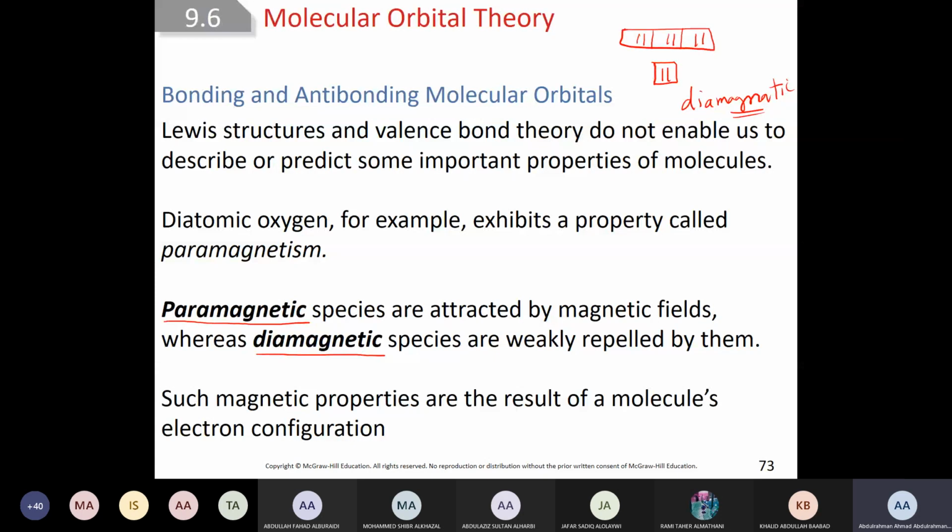If there is any electron by itself in a room, for example, if we have 1, 2, and 3 electrons like this, then this molecule is called paramagnetic.